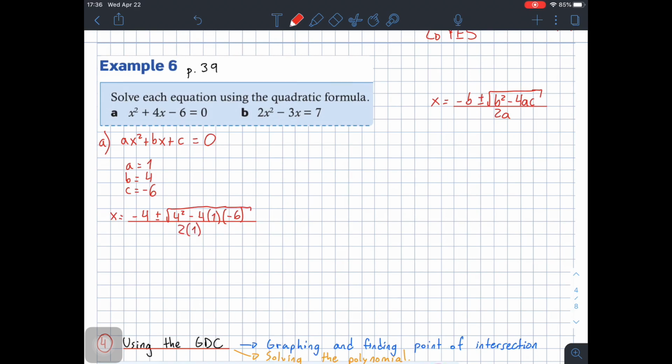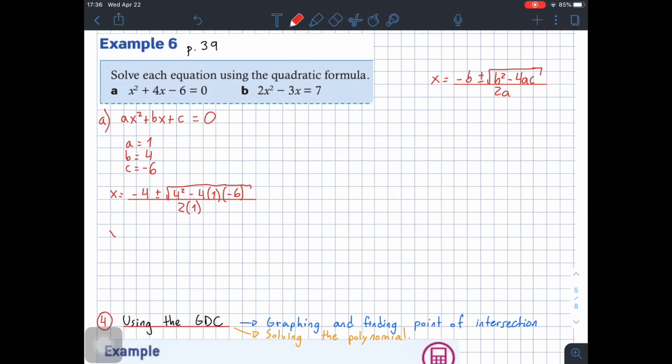We're going to try to solve this without using calculator. So this would give us x equals negative 4 plus or minus. This is 16. 4 times 6, that's 24. So this would be plus 24 over 2.